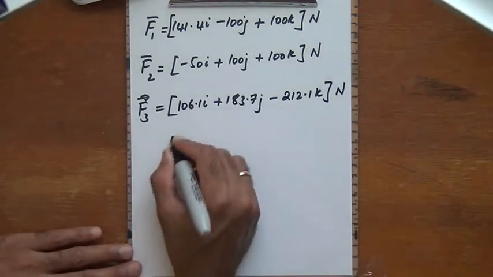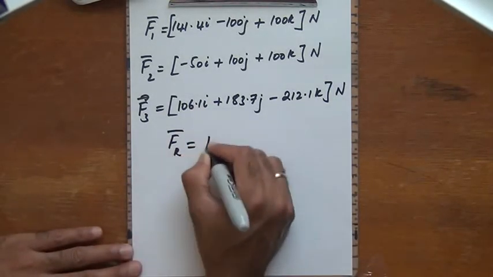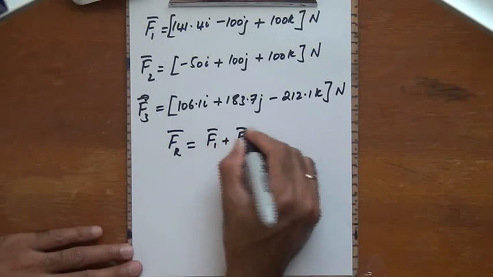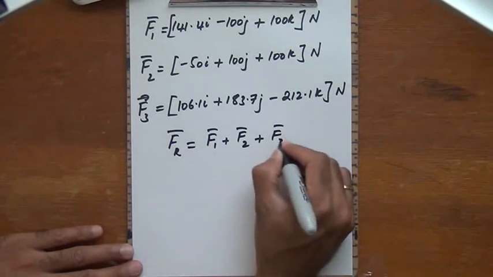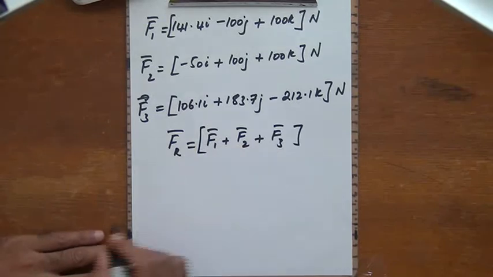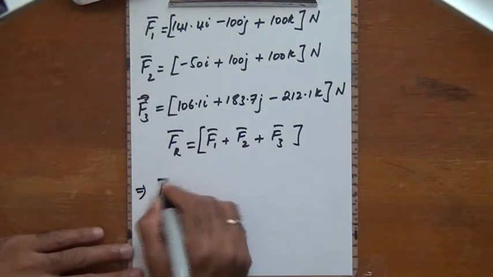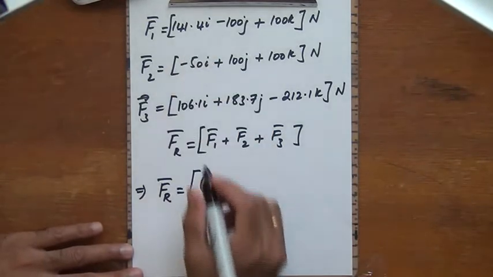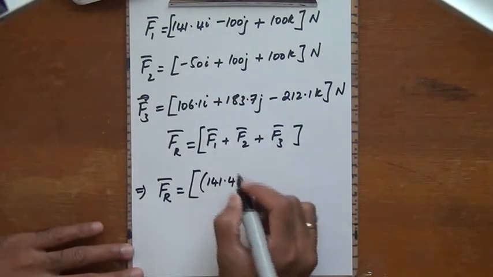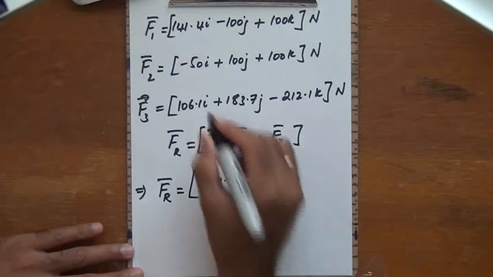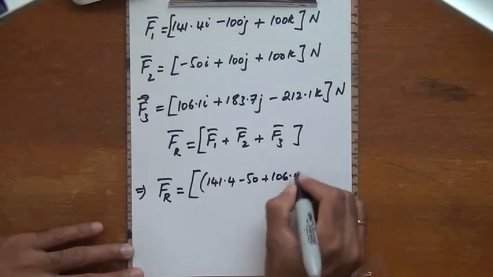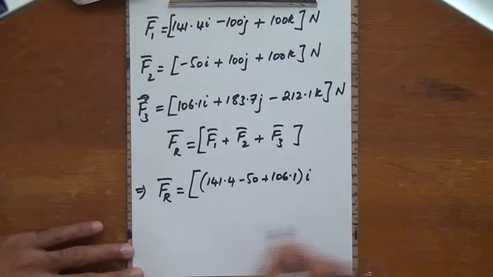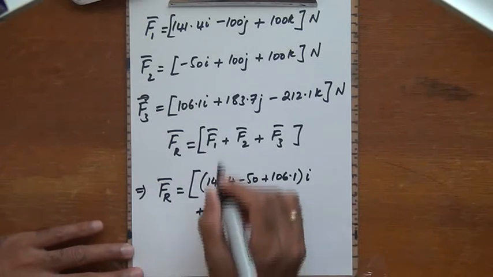Key idea: the resultant force vector is the vector sum of the individual force vectors, which means Fr is going to be the following. I take all the i components, 141.4, then a minus 50, then a plus 106.1. All of these are in the i direction. Then I do the same thing in the j direction.